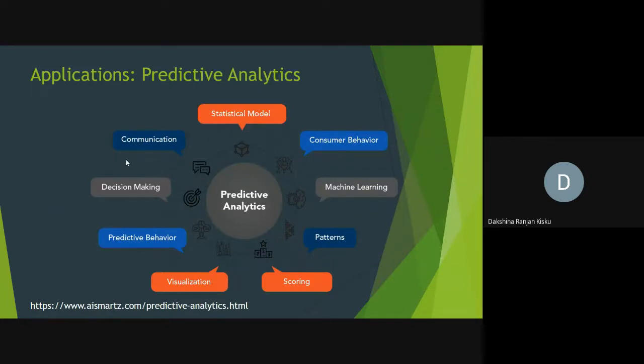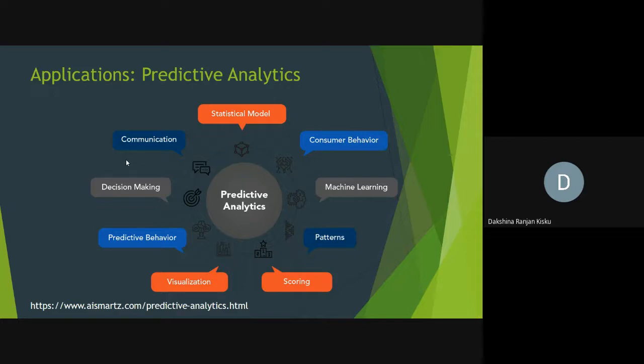Now, the next most interesting area of machine learning algorithms is obviously predictive analytics. Predictive analytics is considered to be the most interesting area for machine learning algorithms.